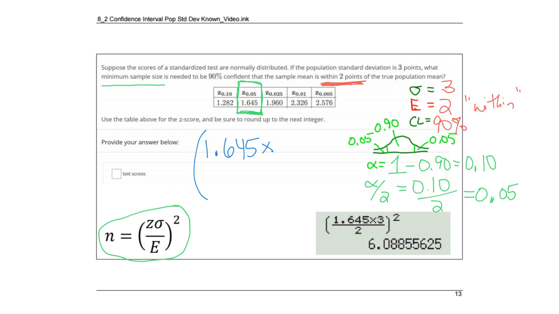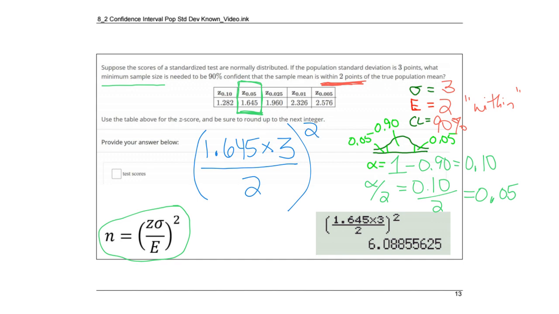We know our population standard deviation, that's 3. On the bottom we want E. Whoops. Sorry, let me erase that a second. Okay, E is 2. And then we need to square.